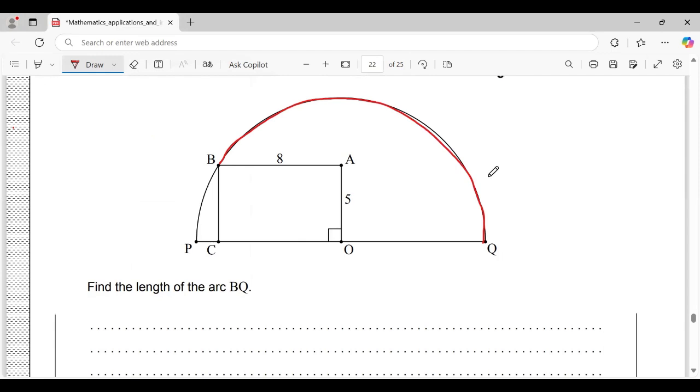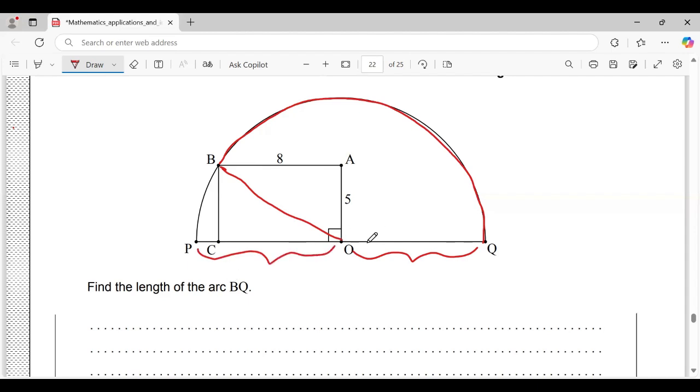Now, the first step is to determine the radius. This is the radius, and also OQ is a radius.